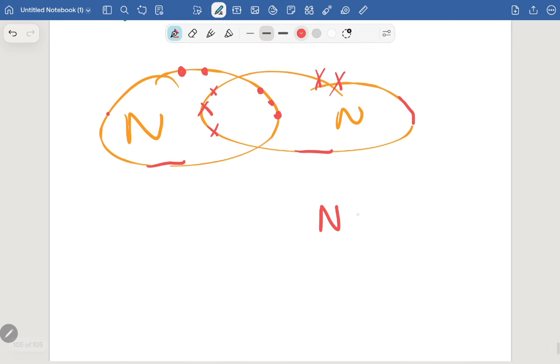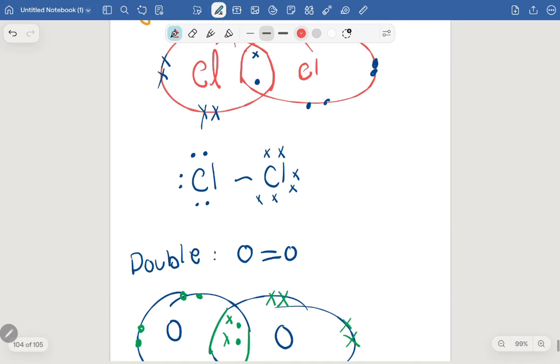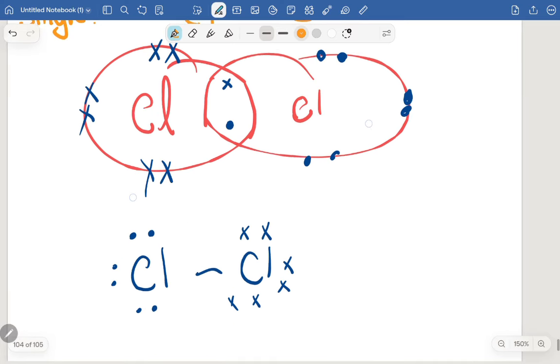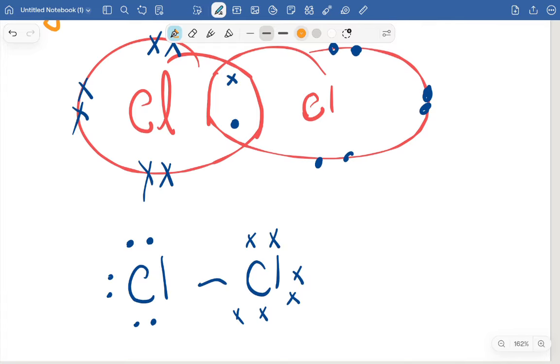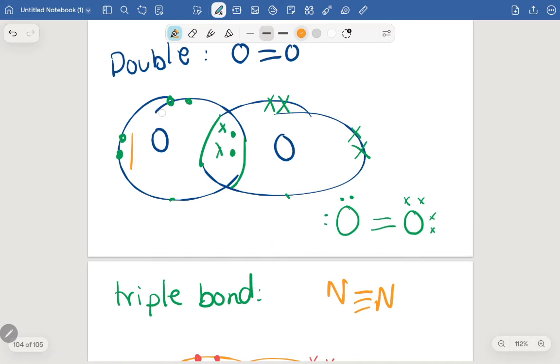Now, how do I make sure my work is correct? I need to count for each electron. I need to make sure it follows either the duplet or the octet rule. If it follows the octet rule, it needs to have 8 valence electrons. So this has 1, 2, 3, 4, 5, 6, 7, 8. Perfect. 1, 2, 3, 4, 5, 6, 7, 8. Perfect. So Cl, single bond Cl is done. This has 1, 2, 3, 4, 5, 6, 7, 8. Perfect. This is 1, 2, 3, 4, 5, 6, 7, 8.